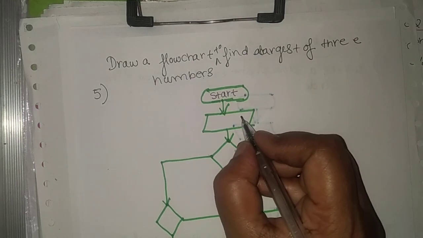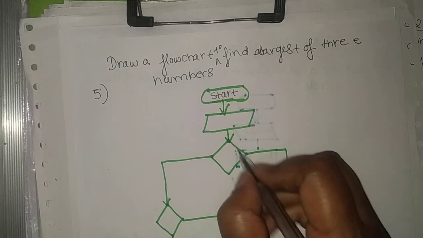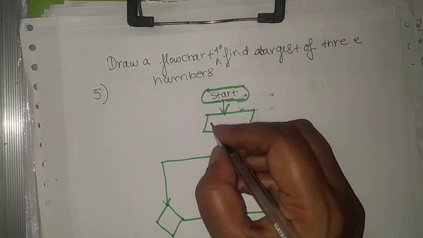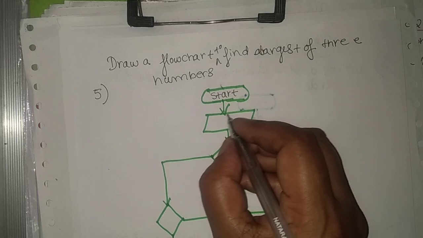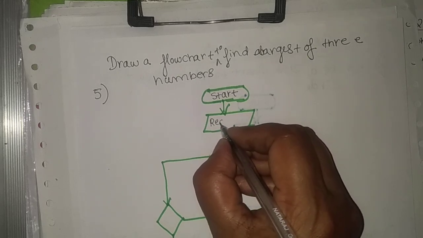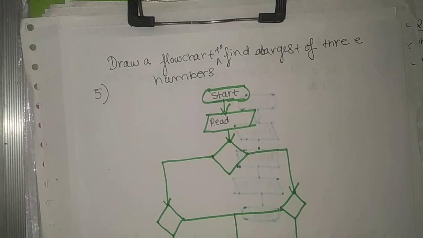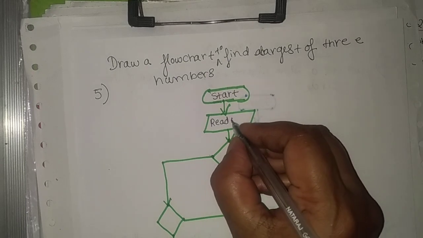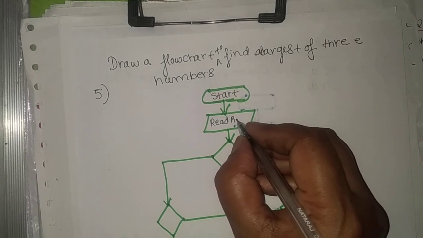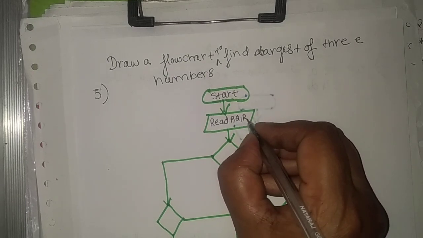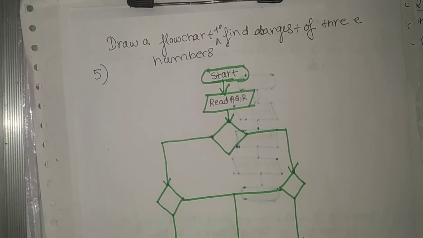This is just an example. While we study all these decision making statements, we'll study in detail. Read P, Q, R. I'm taking 3 variables or 3 numbers P, Q, R.